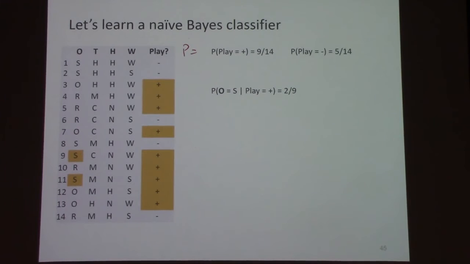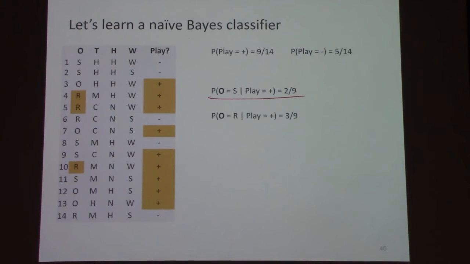And let's say I want to calculate the likelihood of each feature separately because we are doing naive Bayes. The probability of O equals S given that the label is plus: the number of plus labels is 9, and among those examples, the number of times the feature value is S is 2, so this likelihood is 2/9.